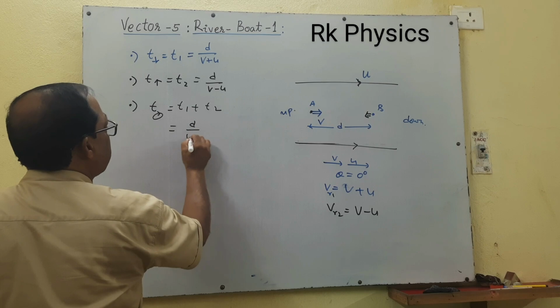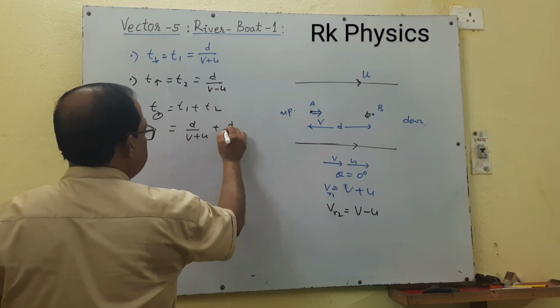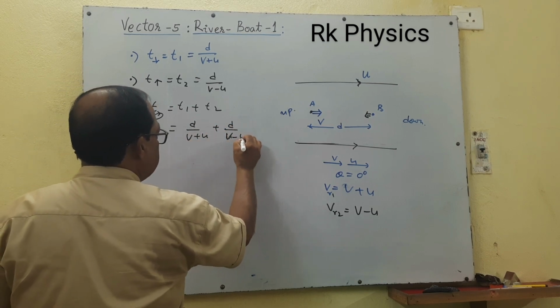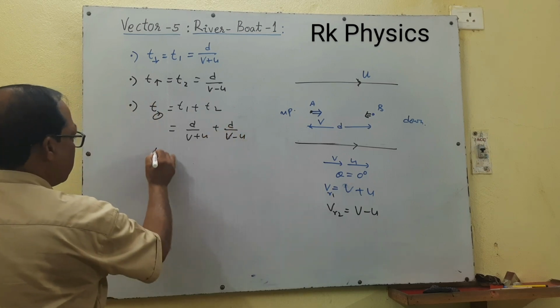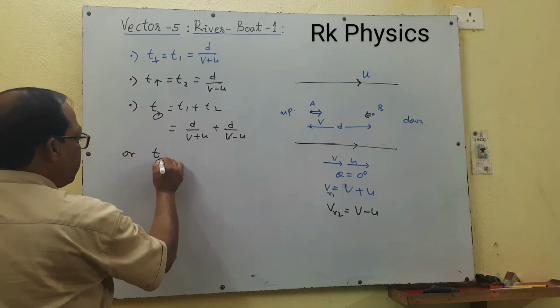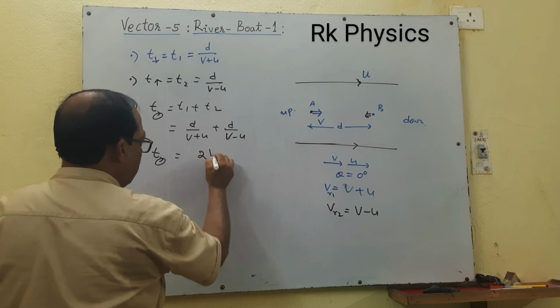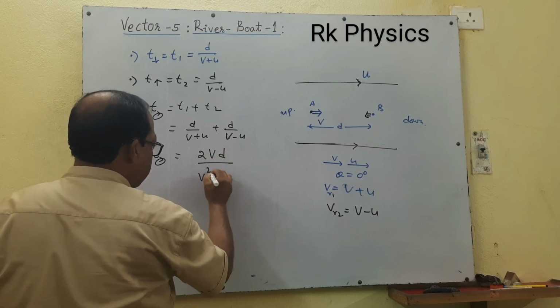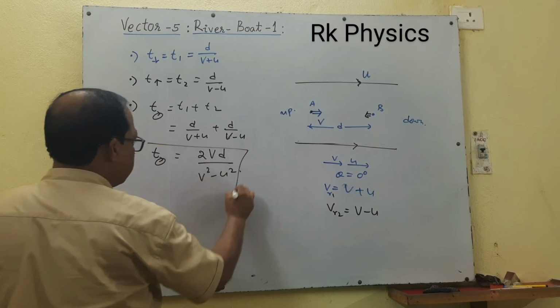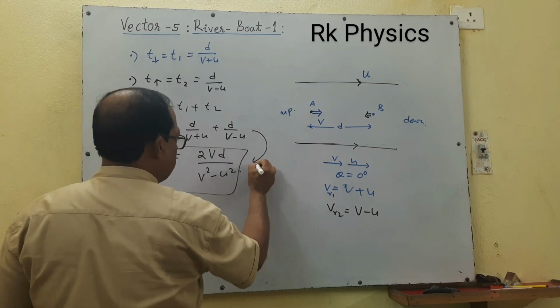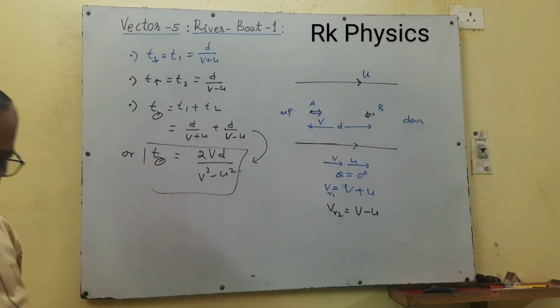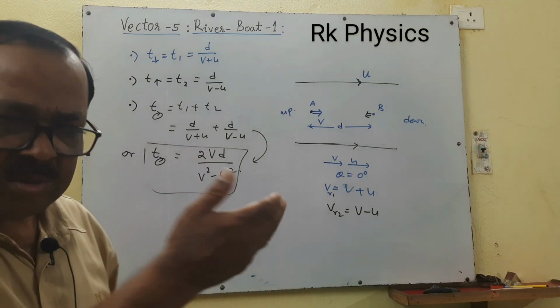You can take d divided by v plus u plus d divided by v minus u separately, or you can take T round equal to 2vd divided by v square minus u square. If you solve these two, ultimately you will get this formula.